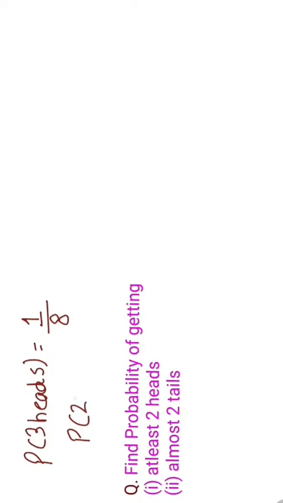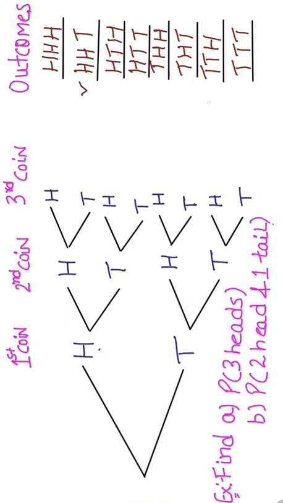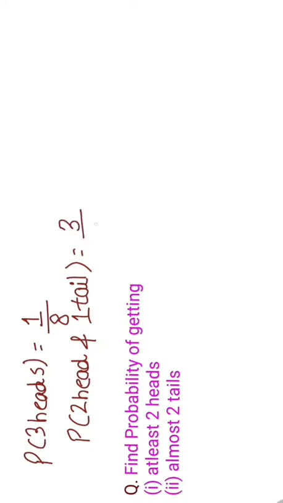Observe these 8 outcomes. This outcome having 2 heads and 1 tail, this one having 2 heads and 1 tail, this one having 2 heads and 1 tail. So there are 3 outcomes satisfying this condition. So probability will be 3 by 8.